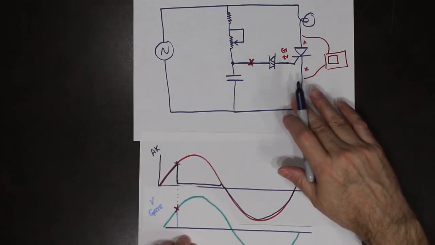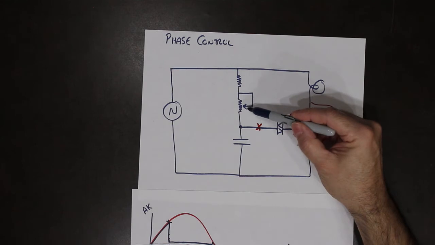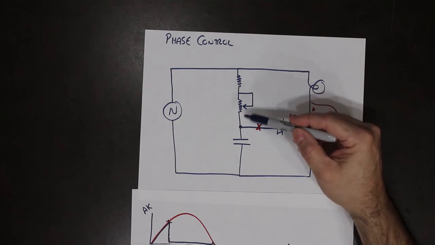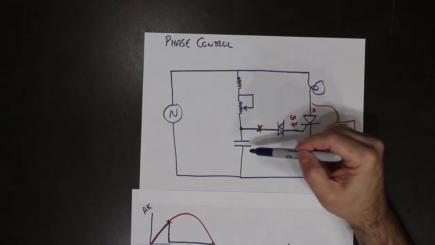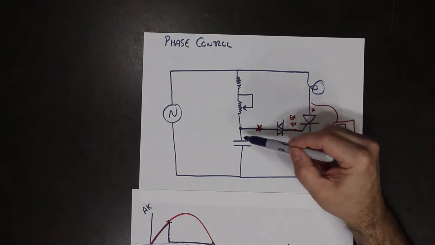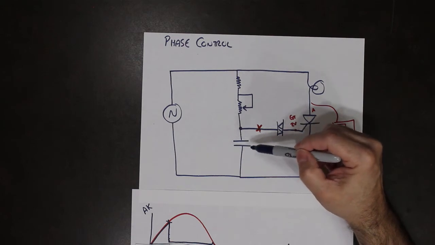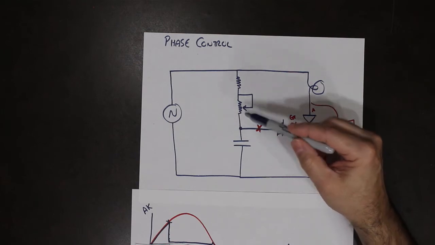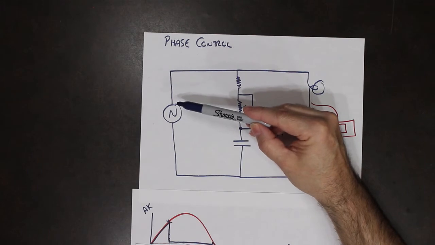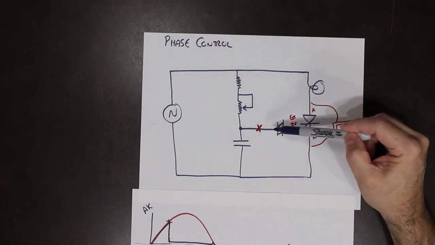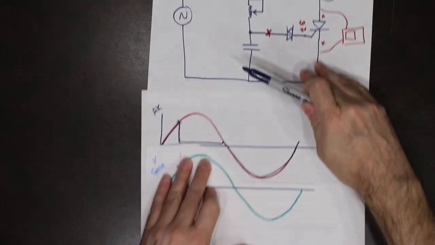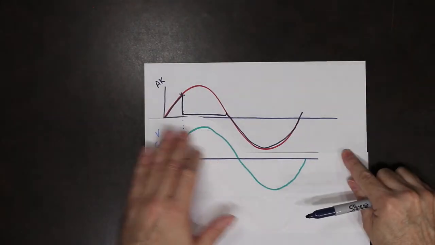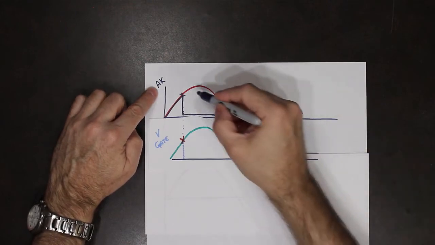So when we adjust our pot in this circuit, what we're actually doing is introducing with the pot and the capacitor, we are introducing a controllable phase shift. And that phase shift is between the applied voltage and the voltage that makes it down this gate circuit. So in this particular case, here's my applied voltage, the red.